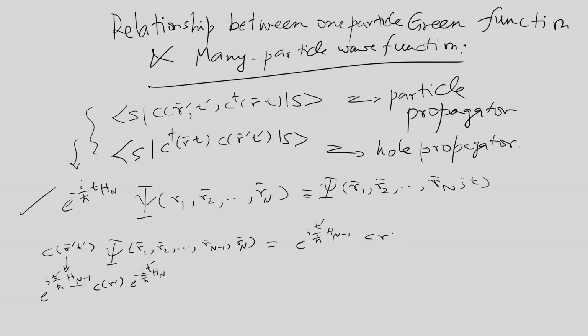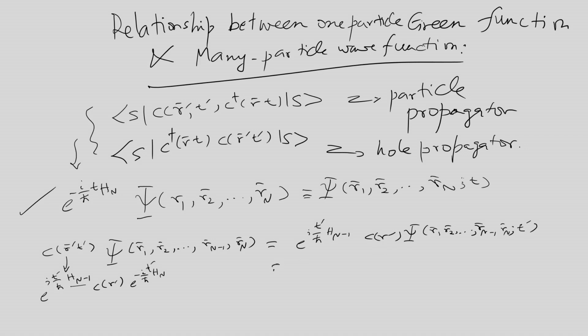So, it is going to be C r dash. Then I am going to freeze the last term there. First I am going to evolve, and then I am going to freeze.